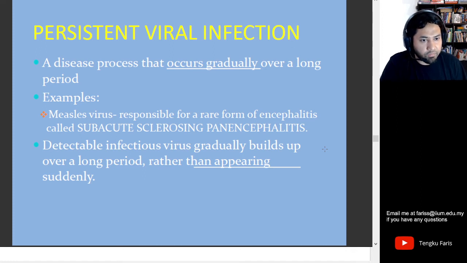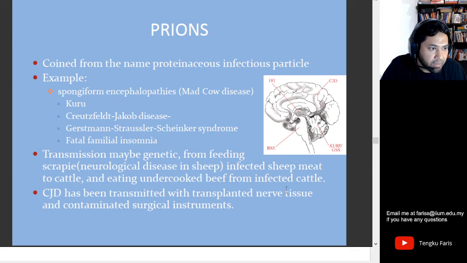This is true for the measles virus that causes a rare form of encephalitis, which we call subacute sclerosing panencephalitis. Detectable infectious virus gradually builds up over a long period of time rather than appearing suddenly. Okay, it gradually builds up, gives an attack, and after that stays dormant for some time and then comes back. Okay, it's a never-ending process too.